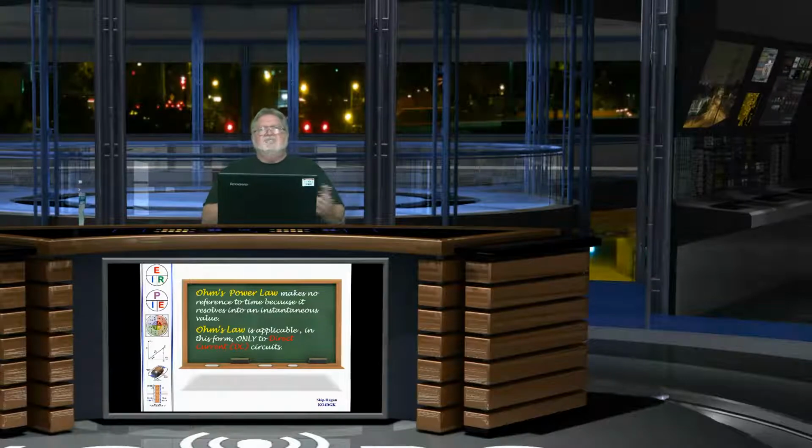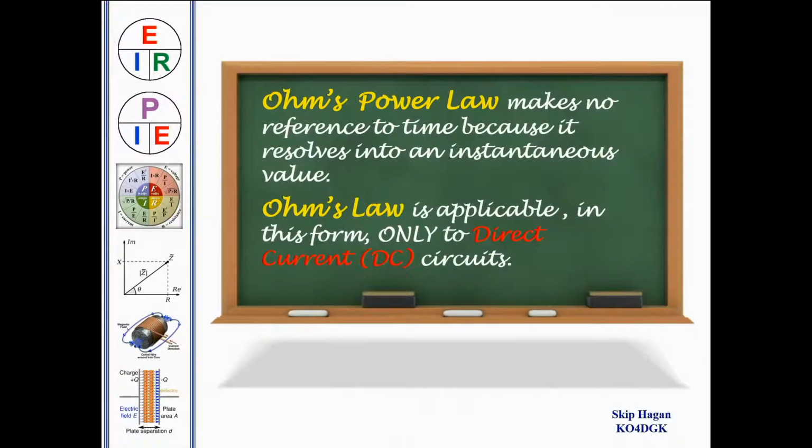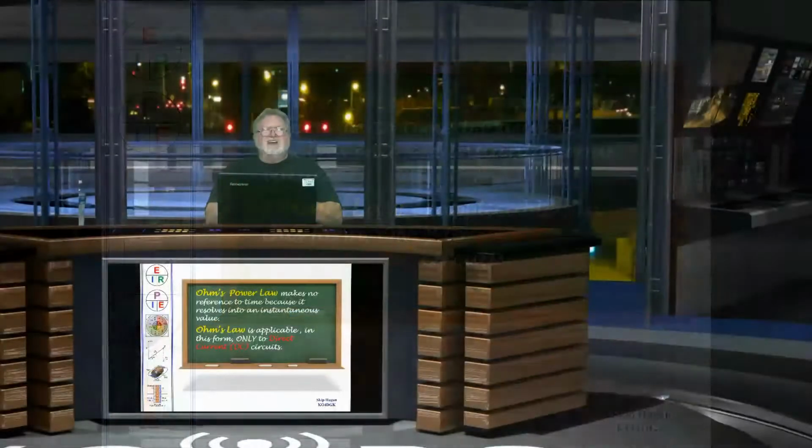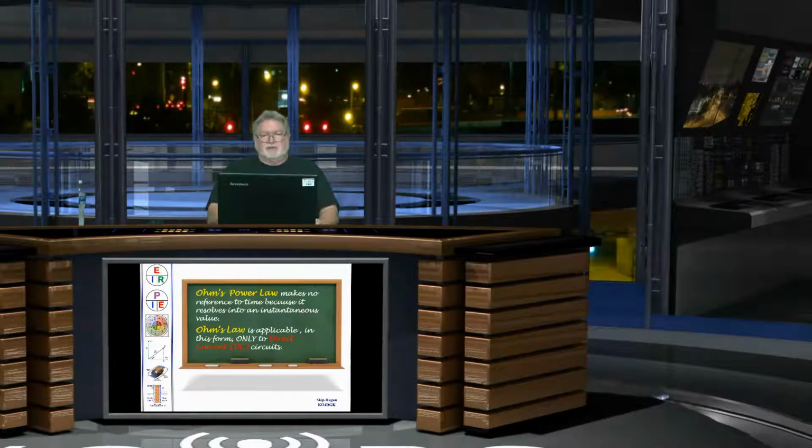There's no time value in Ohm's power law because it is referring to direct current that never changes or an instantaneous value of a sine wave. So there's no time element. Ohm's law, in the form we're most familiar with, doesn't work in alternating current circuits, except for that instantaneous value.